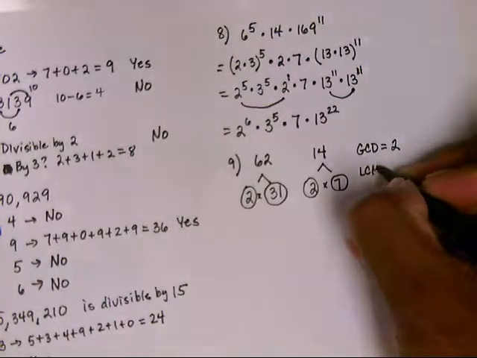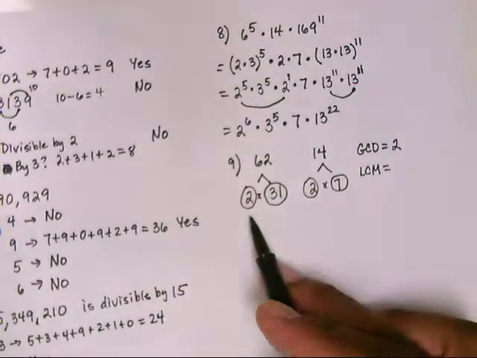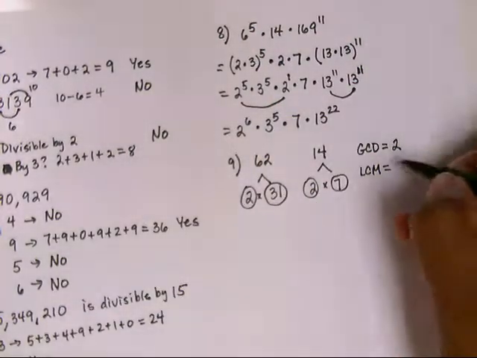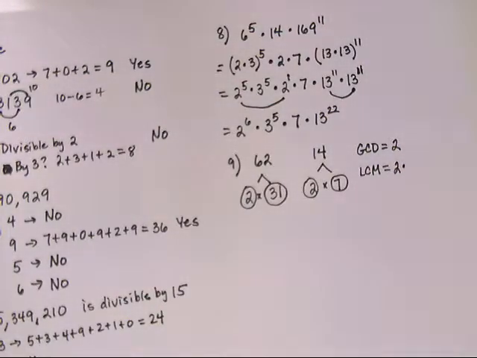Now for the LCM, the least common multiple. We've already got our prime factorizations for 62 and 14. To find the least common multiple, we use each factor the greatest number of times that it occurs in any one factorization. So in this case, we use the 2 only once, because it occurs only once in either one of those factorizations.